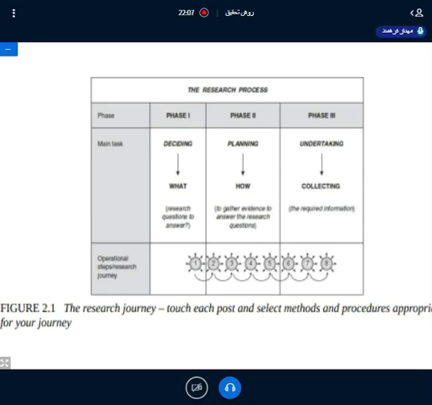Phase 1, 2, 3. And the main task you can see here: the research journey, touch each post and select methods and procedures appropriate for your journey.